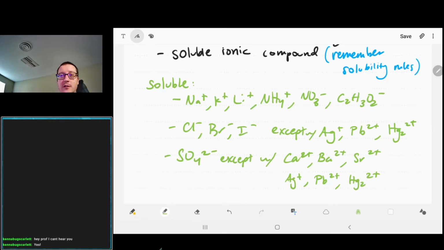So those were our solubility rules. Everything else we want to say is going to be not aqueous, essentially. Anything that has these, we're going to expect to be soluble.